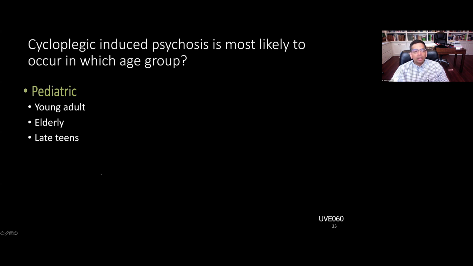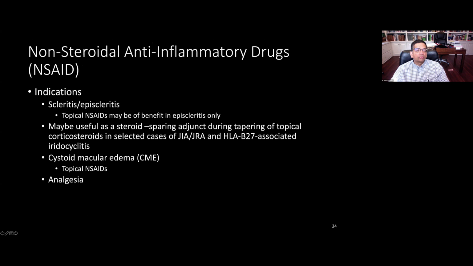Non-steroidal anti-inflammatory agents can be utilized for the treatment of very mild scleritis and episcleritis. Even topical NSAIDs may be of benefit for very, very mild episcleritis, because episcleritis is usually just a red eye with no pain. Scleritis, on the other hand, often requires systemic therapy and sometimes local therapy in carefully selected cases.